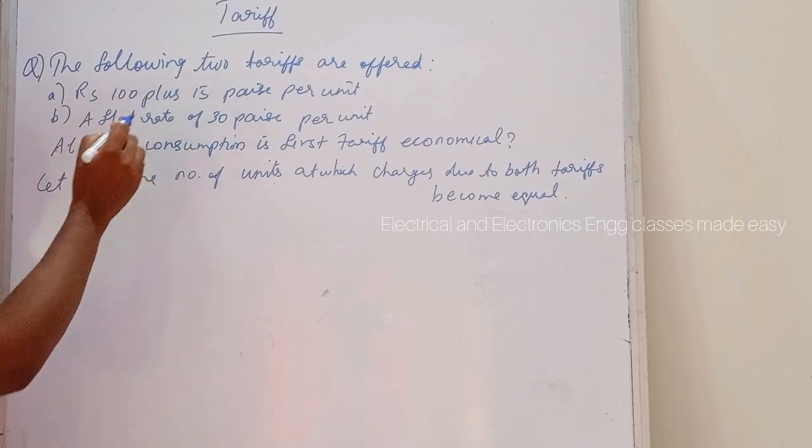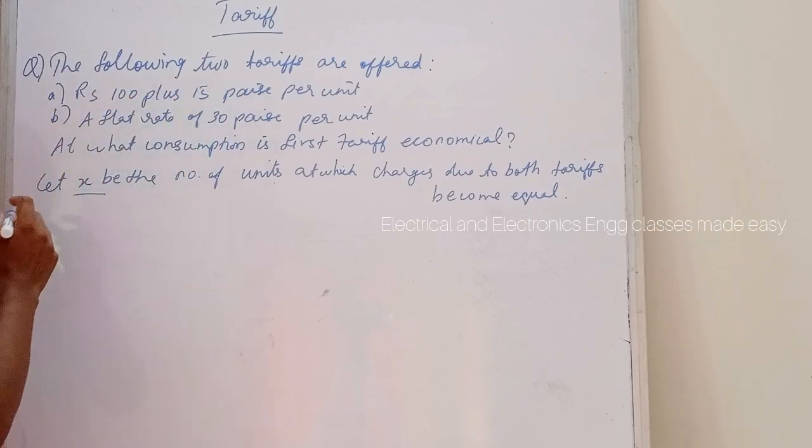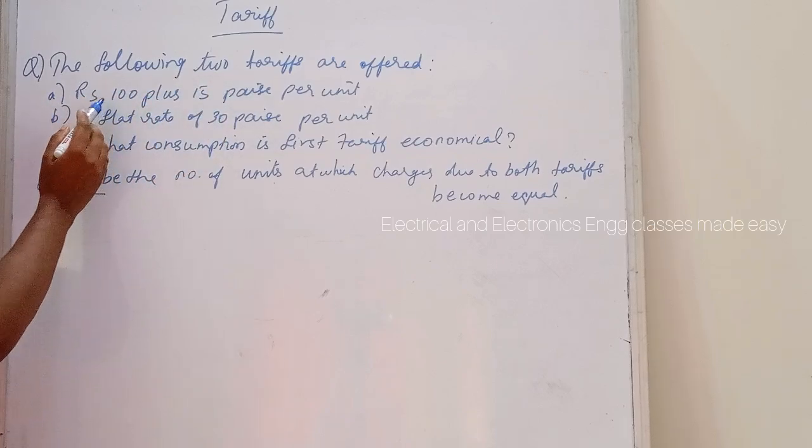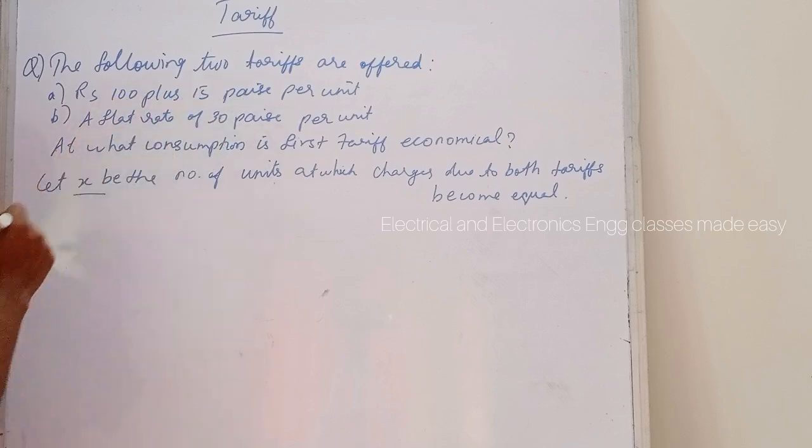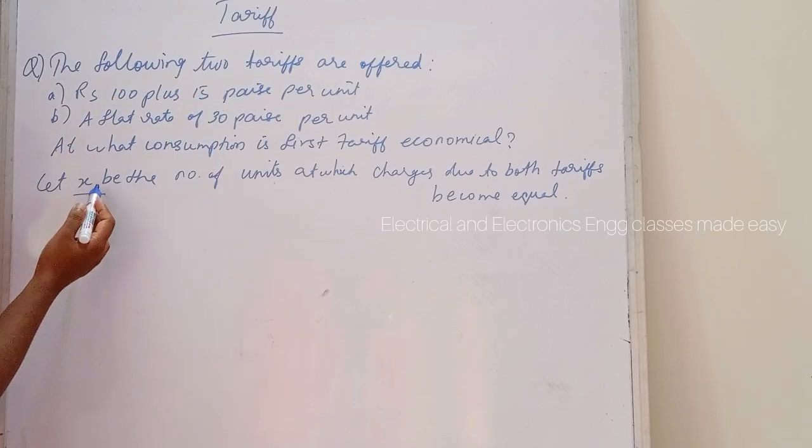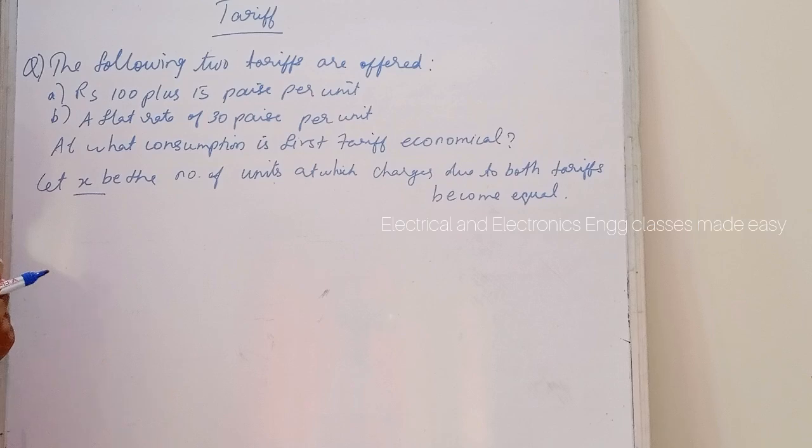So we have to find the charges due to both the tariffs. Consider the first one. What will be the total charge for this case? It is given that rupees 100 plus 15 paise per unit. So let x be the number of units.